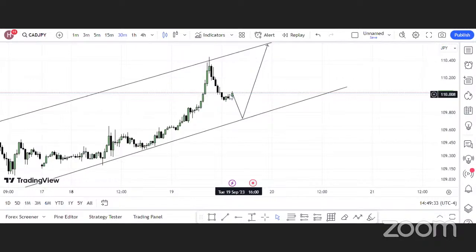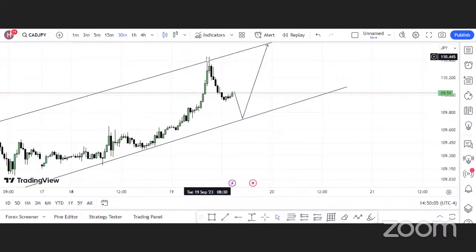If I want to take an entry from here right now, my stop loss will be too wide. Just because I'm thinking this market will come down to this area, I want to take my profit when the market gets down here. But where am I going to set my stop loss?